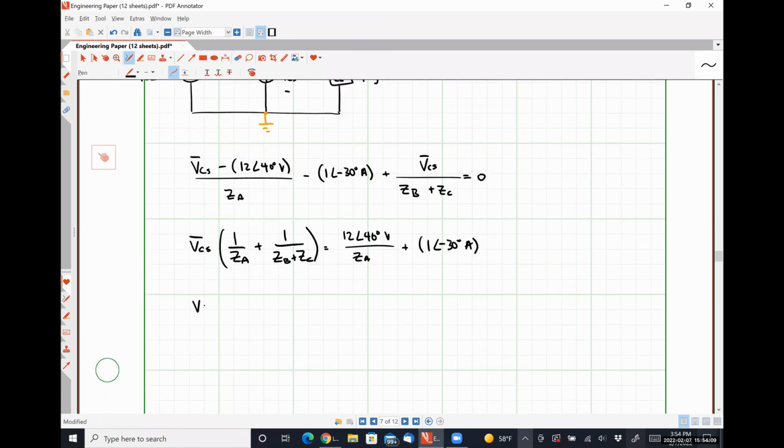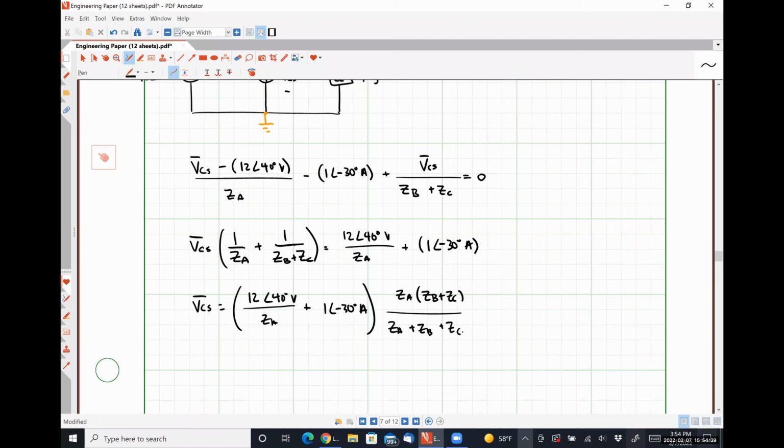So this gives me VCS is 12 angle 40 degrees volts over ZA plus 1 angle negative 30 degrees amps, all multiplied by ZA times ZB plus ZC over ZA plus ZB plus ZC.